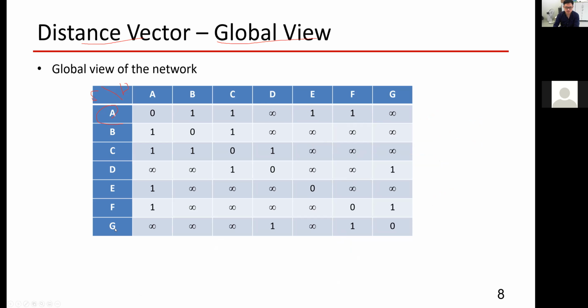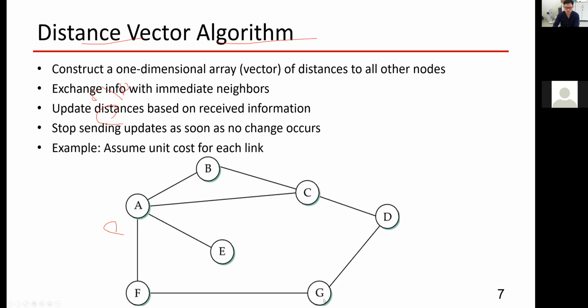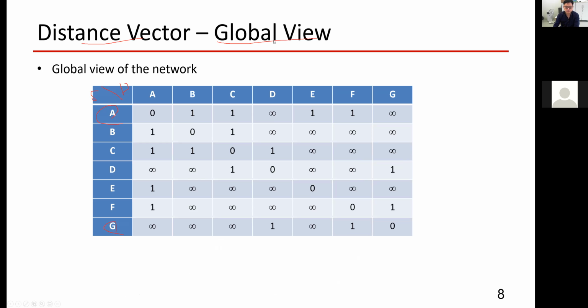Same thing happens. Let's take a look at G. In the view of G, only D and F are connected. So A maintains this one-dimensional array, and G maintains its own.